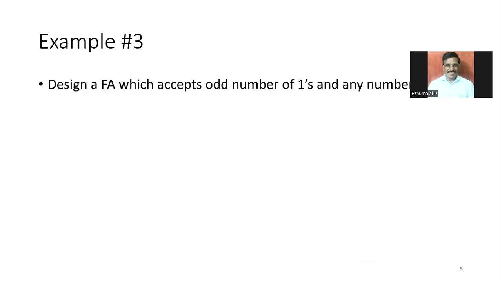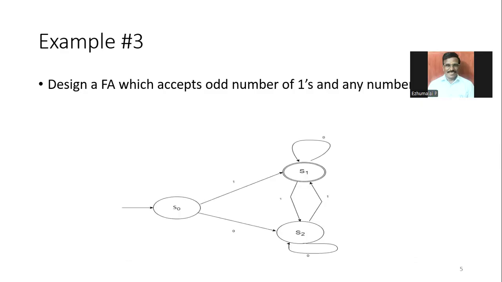Example 3. Design a finite automata which accepts an odd number of ones and any number of zeros. Let us see that S0 is the starting state. If you give input 1, it goes from S0 to S1. S1 is the accepting state. If you give 0 at S1, it goes to S2. Again, if you give 0 in S0, it goes to S0 to S2, and if you give 0 at S2, it loops to S2 itself.